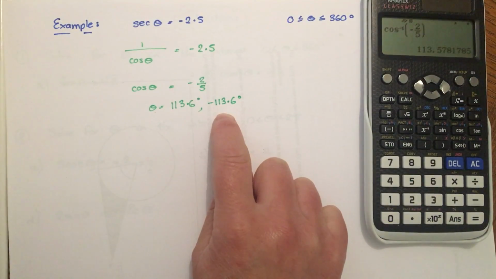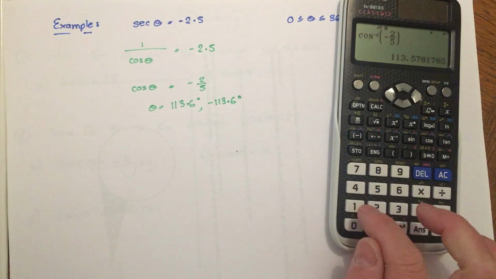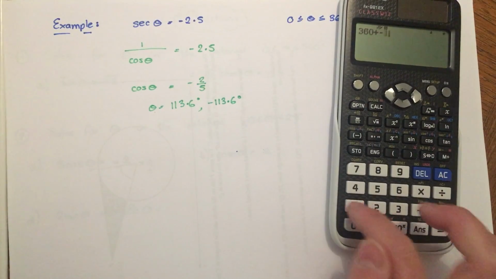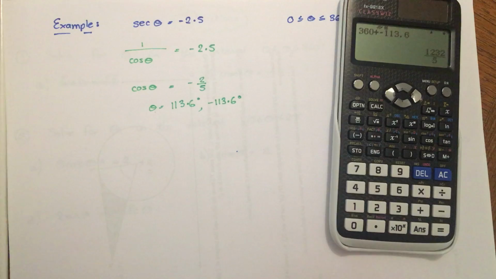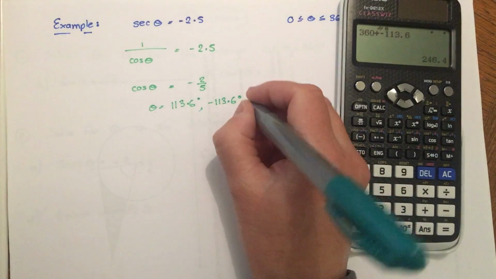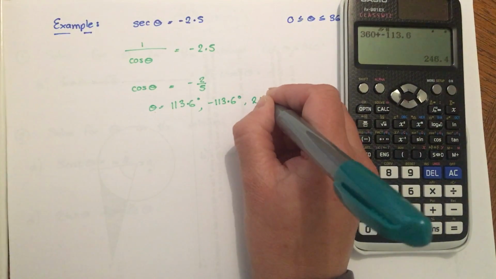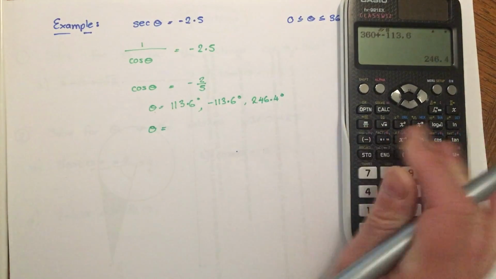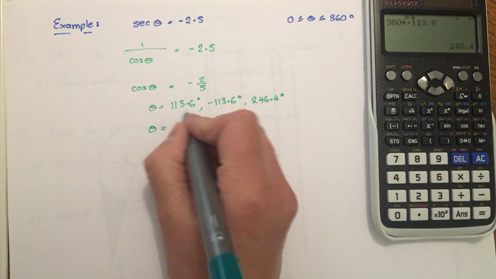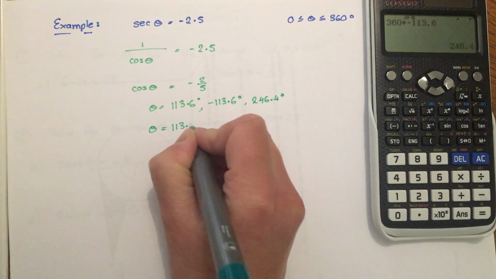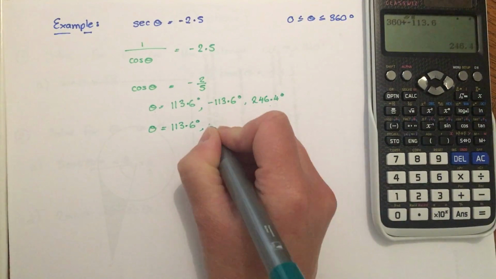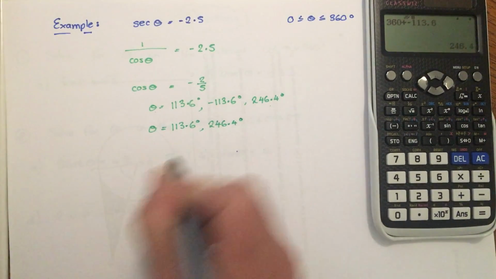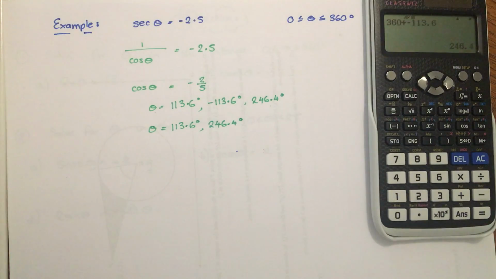I won't be for that one though, so I need to do 360 add negative 113.6, which gives me 246.4. So my actual answers are only the ones in the range 0 to 360, so this one and this one. Those are the two answers for that.